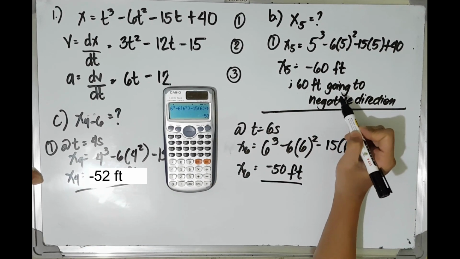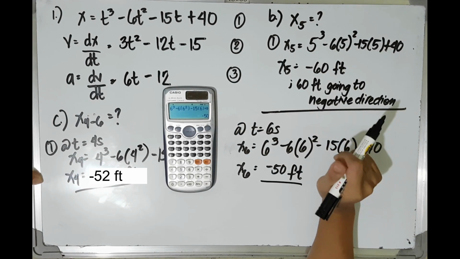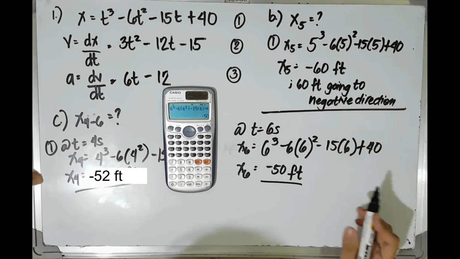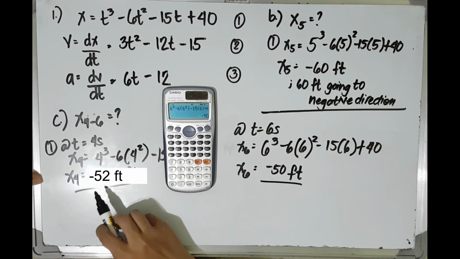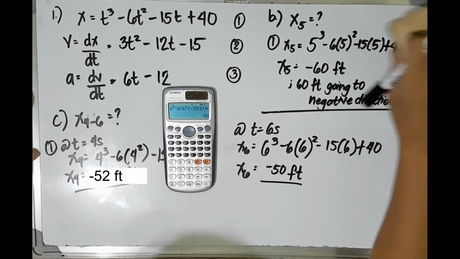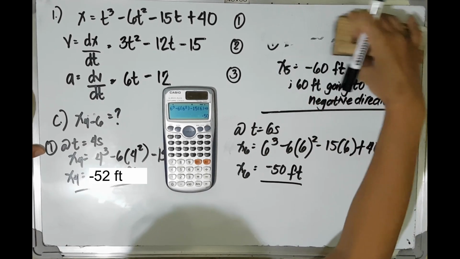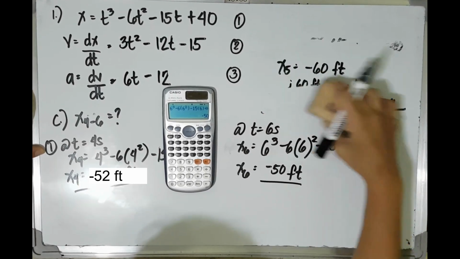So at the 4th second, it is located at negative 52 feet. At the 5th second, negative 60 feet. And at the 6th second, it is negative 50 feet. So we will try to plot it on a straight line so we can understand better.